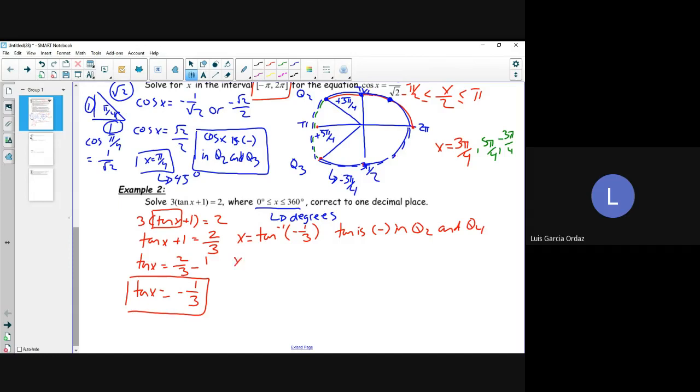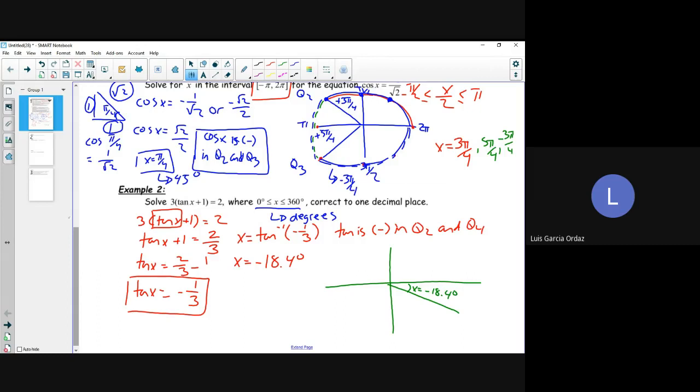So x is equal to -18.4 degrees. So let's draw this out on our Cartesian plane. This is our angle x. This is -18.4 because we are going clockwise.